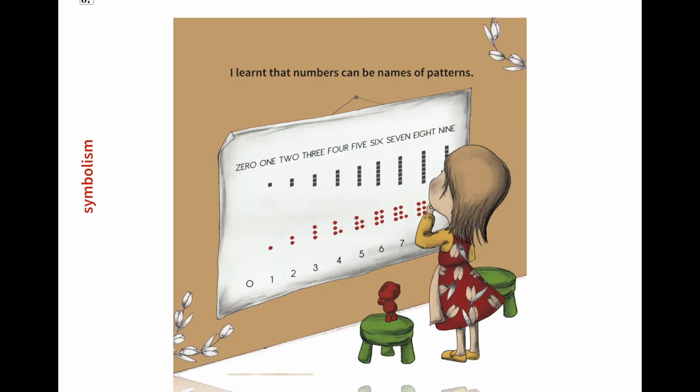So once you have made that realization, you can actually start to assign some symbols to these patterns that you made. So if you have those lines, or if you have something that looks like the eyes of a dice, or something else, you can start to create these symbols that actually mean the same thing.